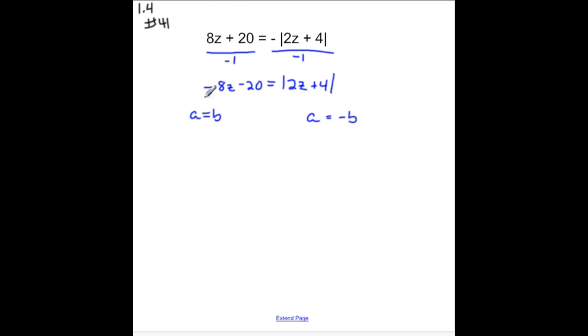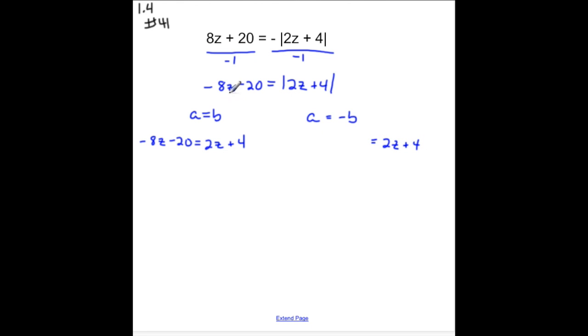So the positive case is just really recopying without the absolute value sign. So -8z minus 20 equals 2z plus 4. And the negative case, I don't change the absolute value sign. So that says 2z plus 4.